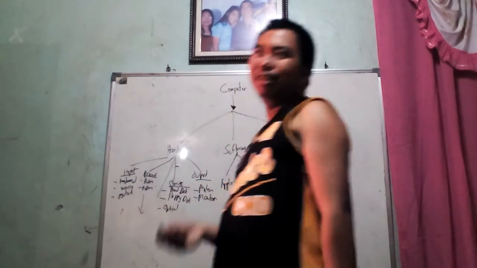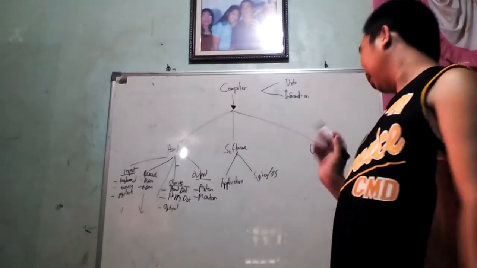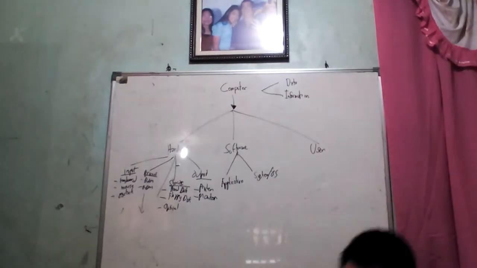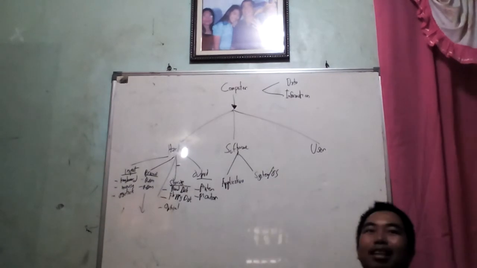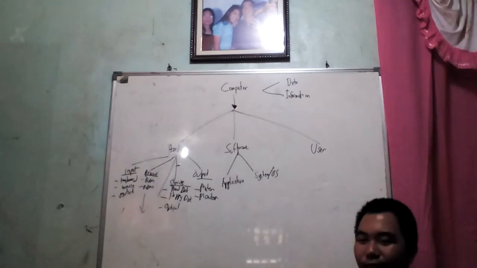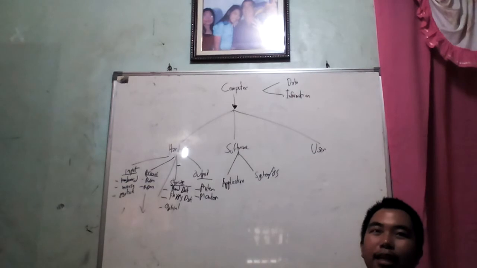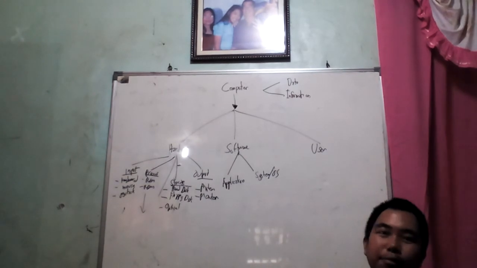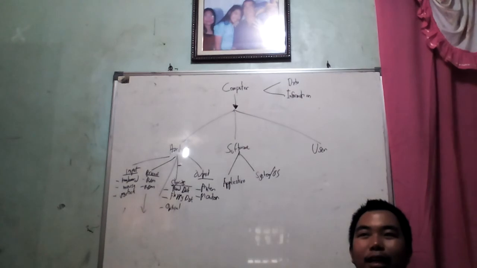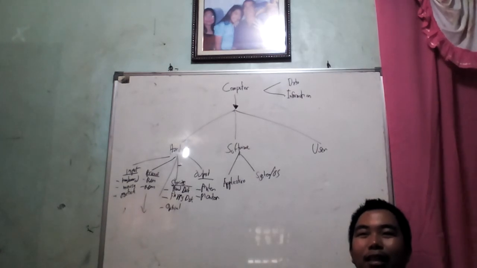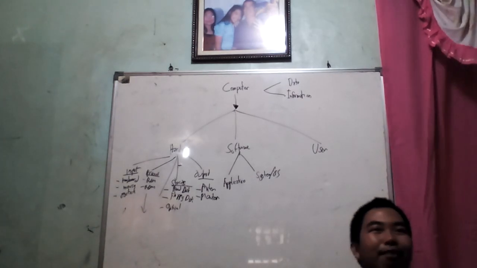Now, the OS is a very important part of the computer. For example, you buy hardware and then you did not use it if there is no operating system installed.